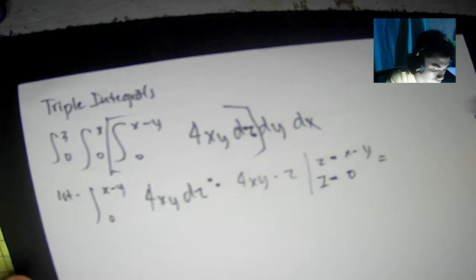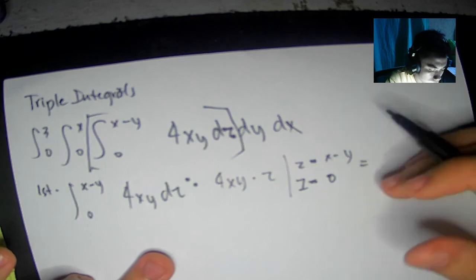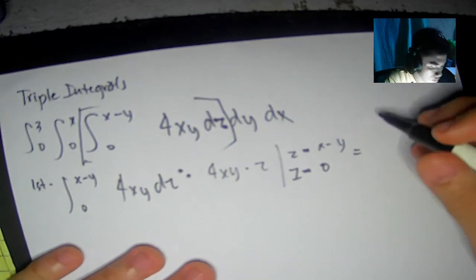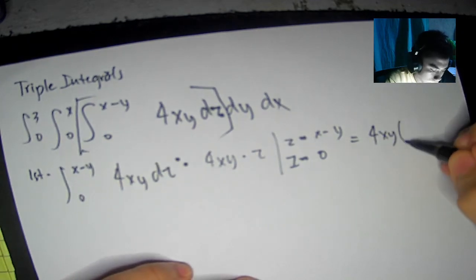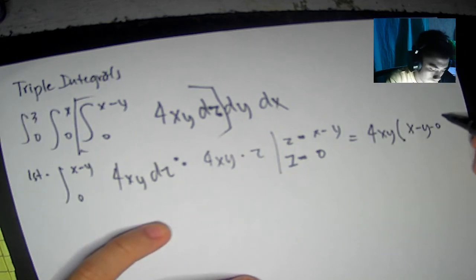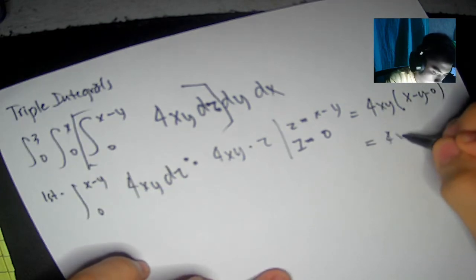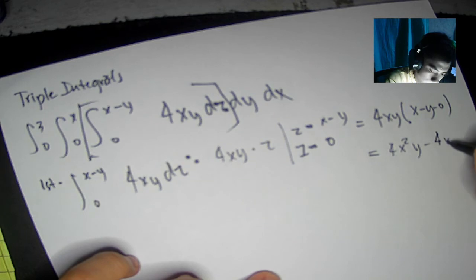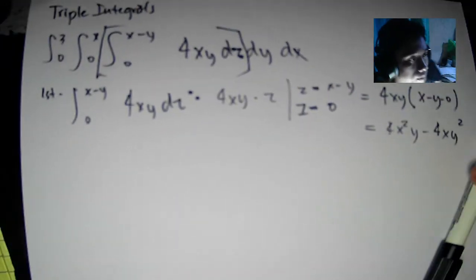So let's substitute the value of z here. So it's just 4xy times x minus y, and 0. So you'll have the answer 4x squared y minus 4xy squared, because we're simply multiplying.